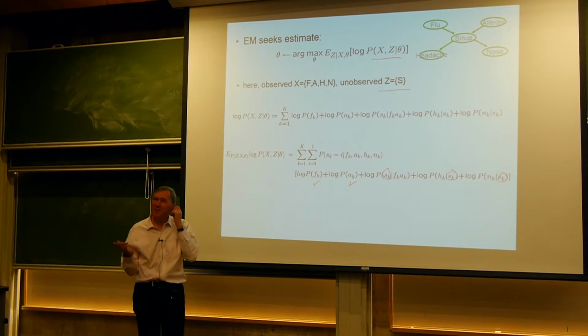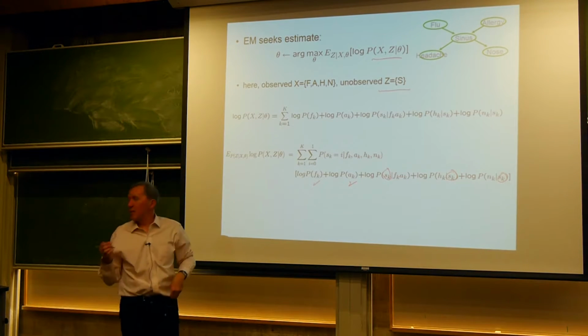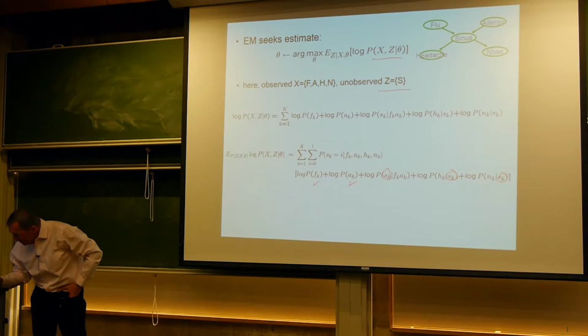Remember expected value? The expected value of any variable x is just the sum over the values x can take on of the probability that x takes on that value times the value itself.